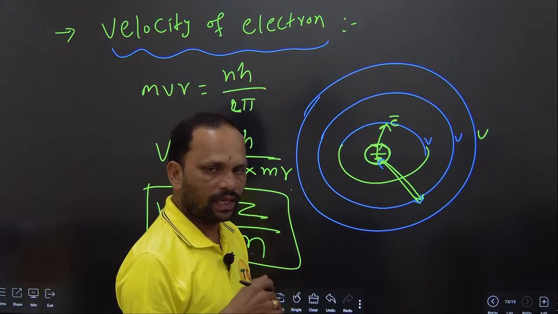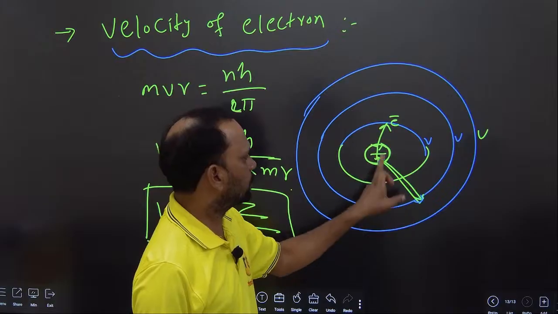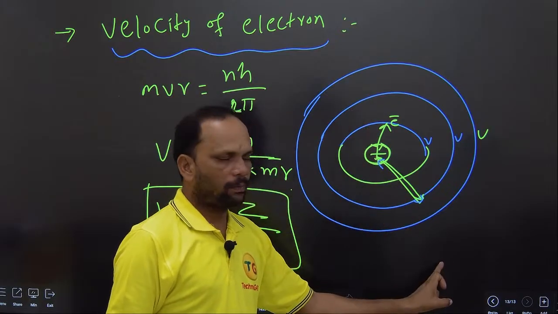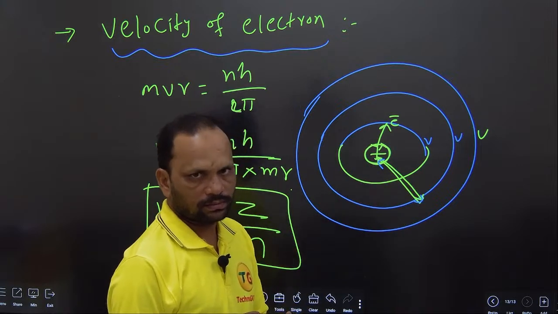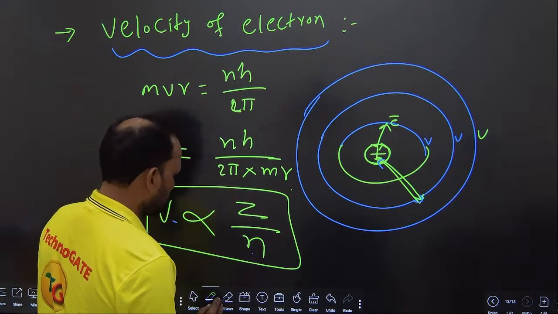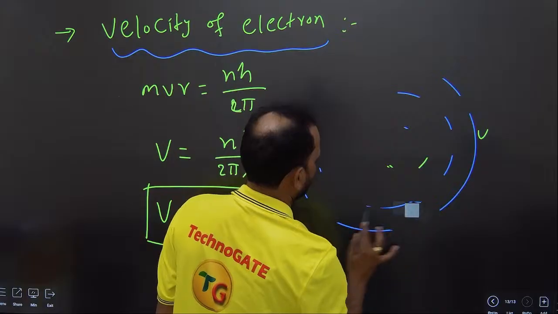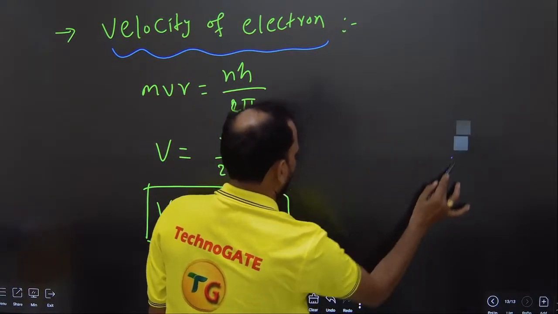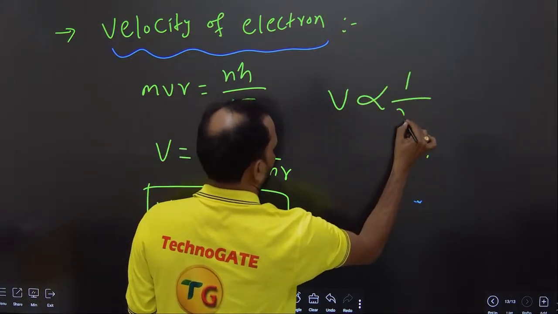That's why the speed of the electron decreases. So V is inversely proportional to n.